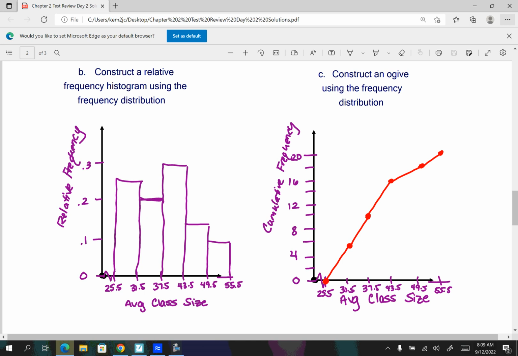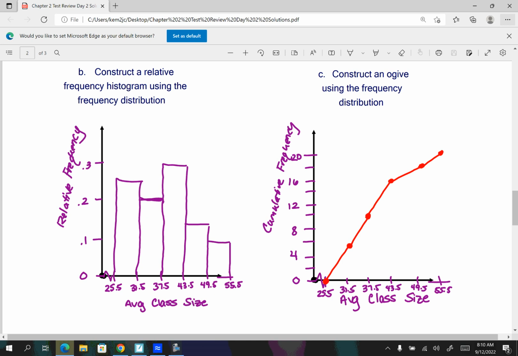On the side here, for part C then, it's an O-give graph. O-give means cumulative frequency. It's that last column in our chart. So we have to go up to 20. Again, I labeled with boundaries here because that will also ensure that it starts at 0, like it should with an O-give graph.